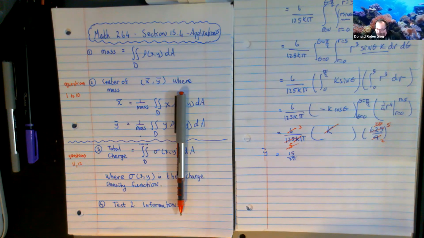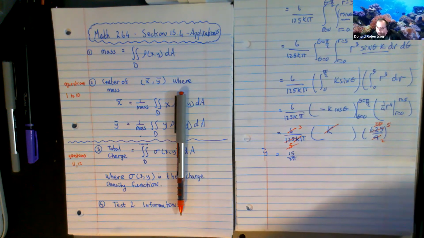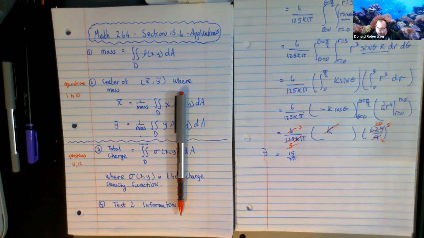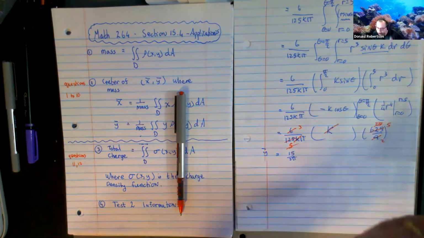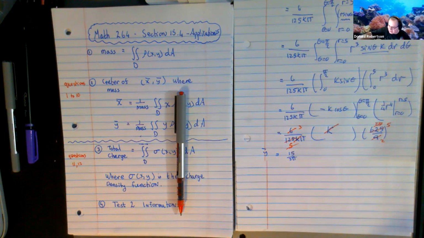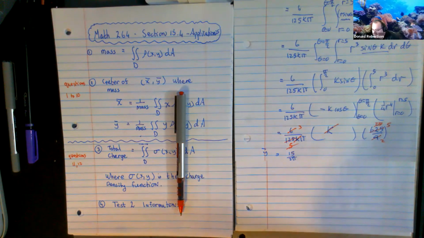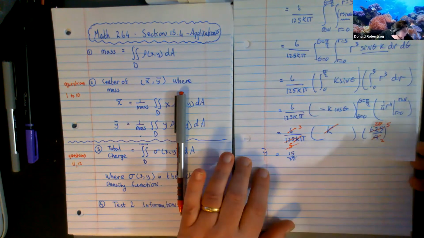If you ever have a density function that is K times something, the mass will have K in its answer, but the X bar and the Y bar will not have a K. And the reason for that is, isn't the 1 over mass going to have a K in it, and the other guy will have a K in it, and they'll always cancel 1K for 1K. So X bar and Y bar will never have a K in it. Right? They will just be pure values. But mass will, if the density function has it.